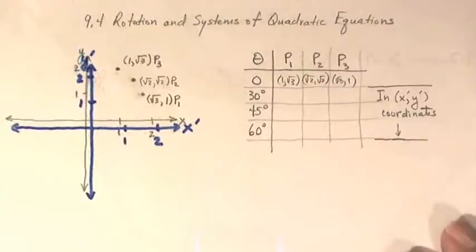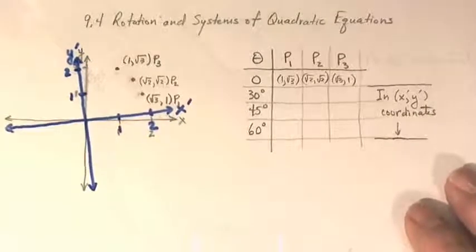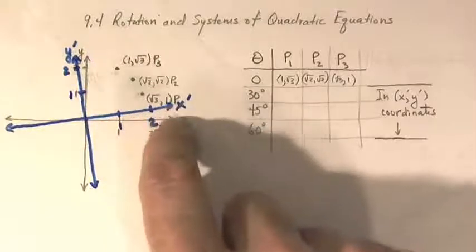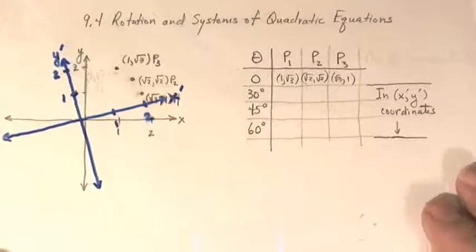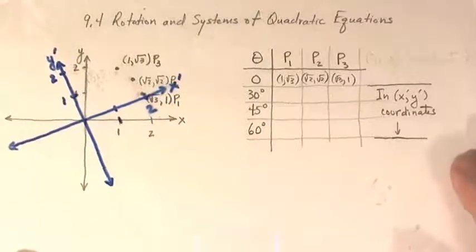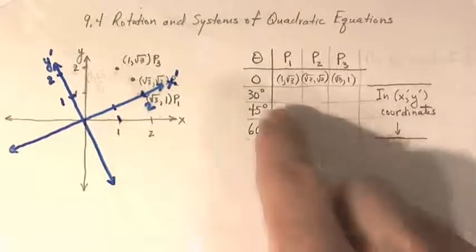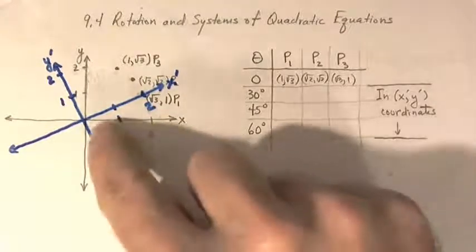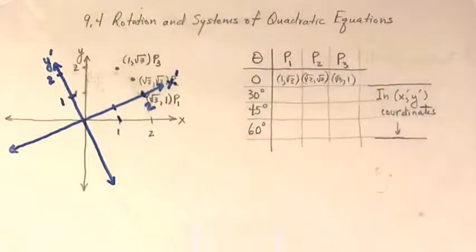But if I turn this, and I call this angle between the x primed and the x my theta, then if I turn this to a 30-degree angle, my coordinate for P1 would be 2, 0 in the x primed, y primed.